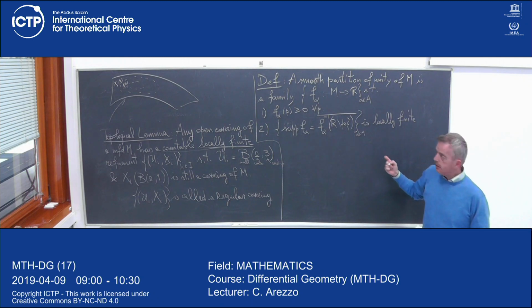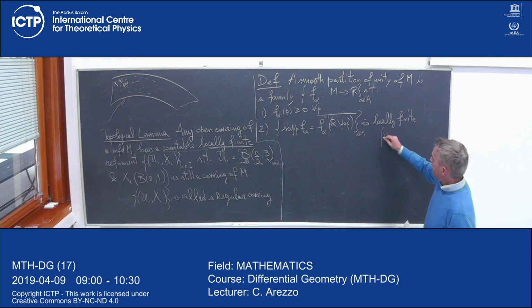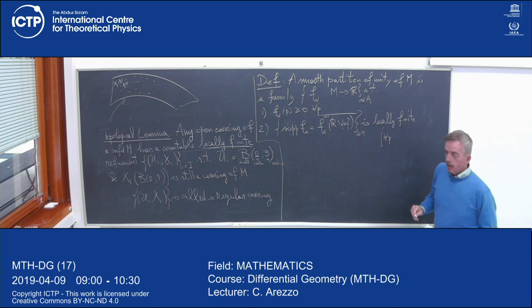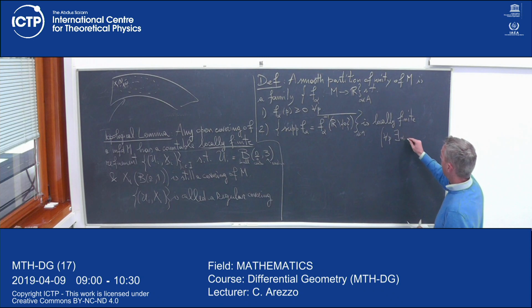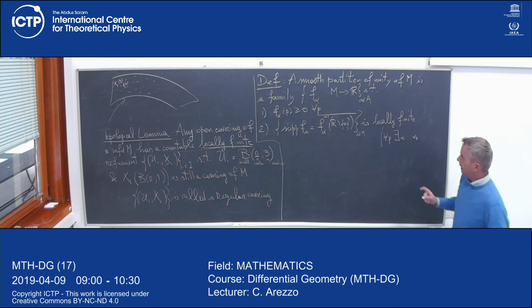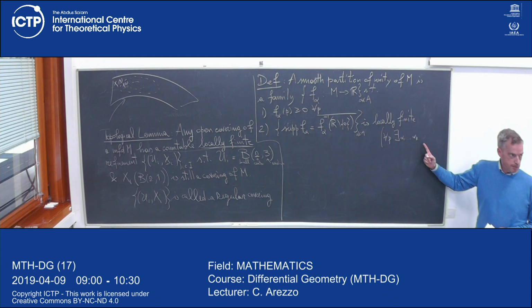So how can you rephrase it? For any p, there exists a finite number of alphas, alpha 1, ..., alpha k. Now this k might depend on p, but it's finite.